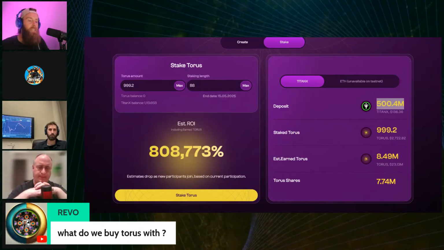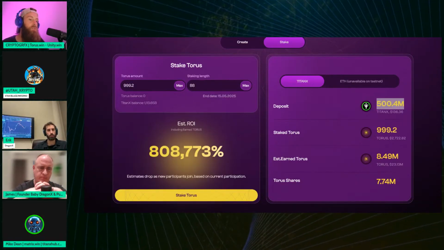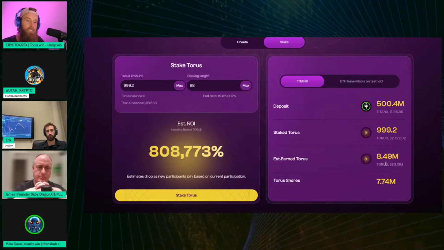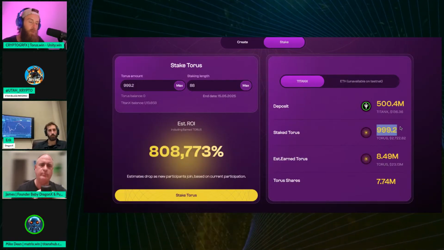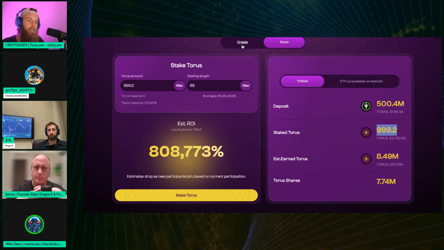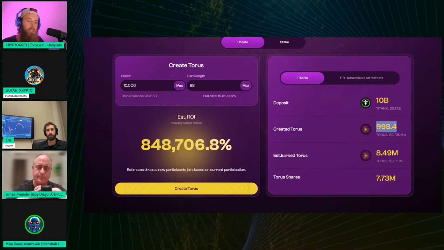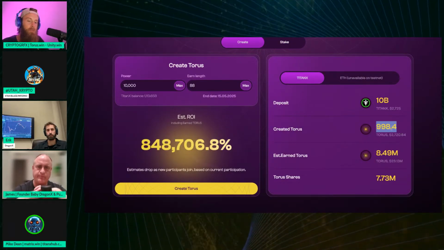I see. Okay. So what I mean is principal is if you come into the system, let me mention the Dapp here, and let's say you stake 999.2 Torus. That's your principal staked. If you go to the create side, what you created up front is your principal.